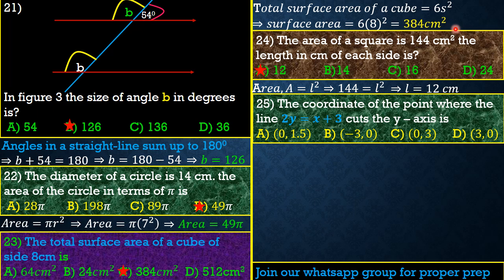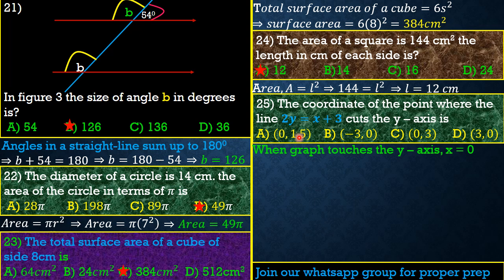Cartesian coordinates are given in the form x comma y. So the first x value must be 0. So we notice that option B and option D cannot be our answer, because the first value here is not 0. So the answer is either option C or option A.